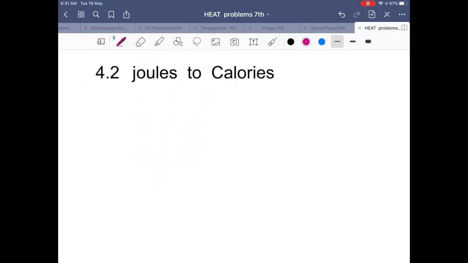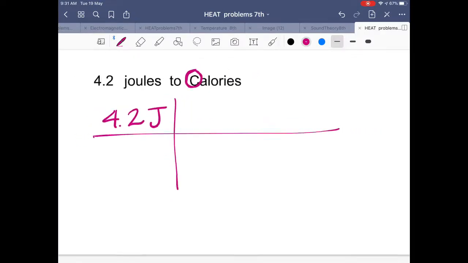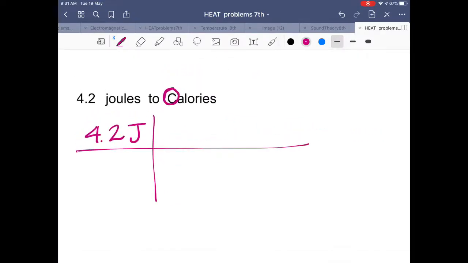I will move to this one. It says 4.2 joules to kilocalories, because it's a capital C. So you put your box. Let's remember it needs to be in diagonal to be cancelled. So you put joules at the bottom and calories at the top. In 1 calorie, you have 4.184 joules.